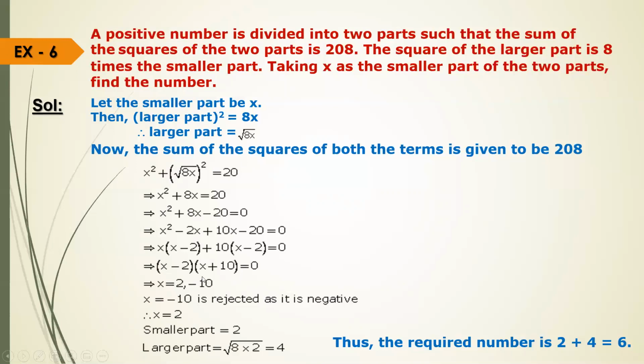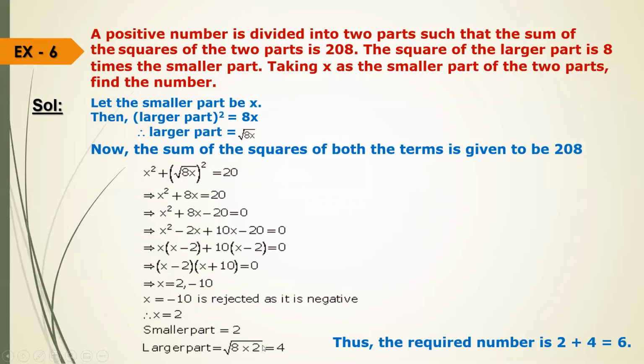If it is a positive number, again we have to neglect the negative value. Take the smaller number as 2. As we have assumed the smaller number as x, we got the value of the smaller number, that is 2. And our larger number was root 8x.